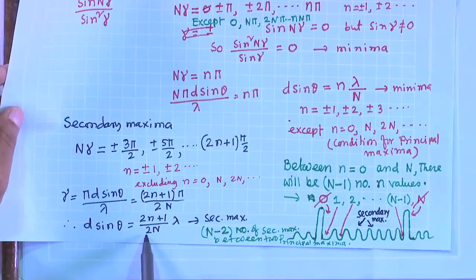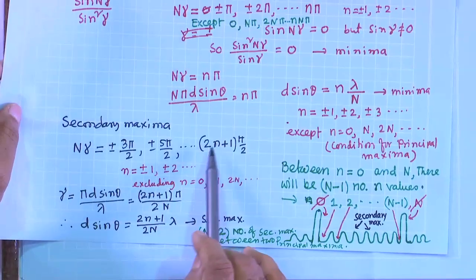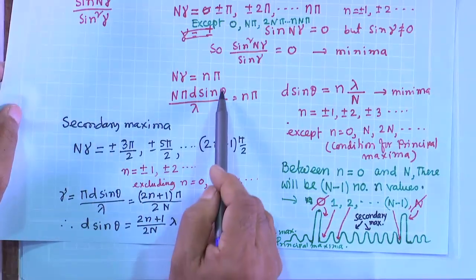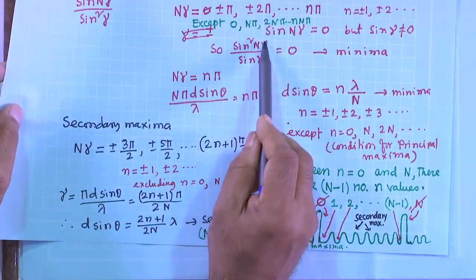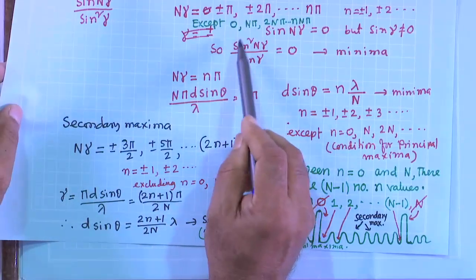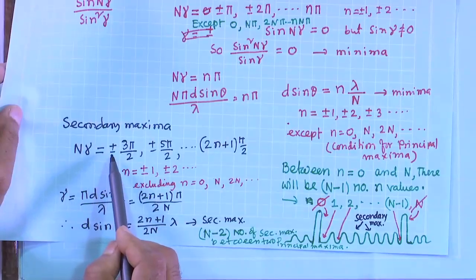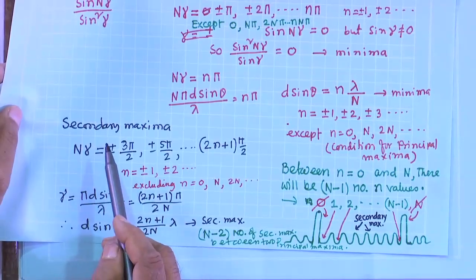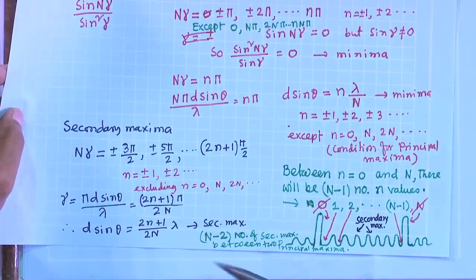(2n plus 1) by 2 capital N lambda, because you will get gamma equal to 3 pi by 2, 5 pi by 2, but pi by 2 is not allowed. Why is it not allowed?